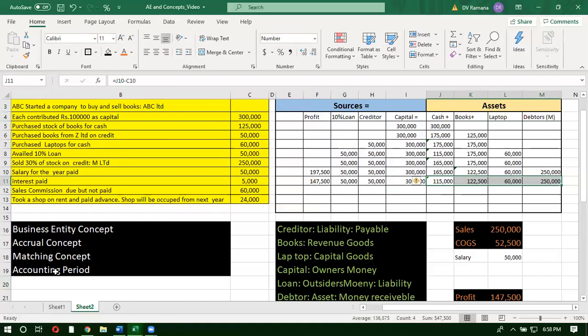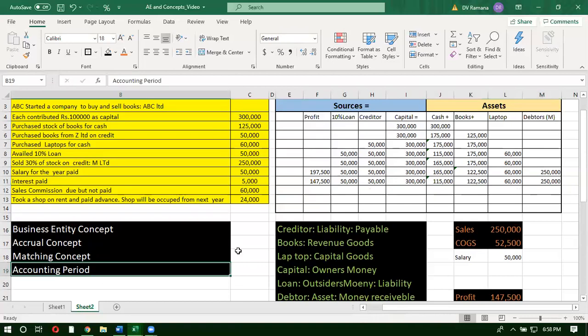So the accounting period here in this example is 1 year. Sometimes you can do it for a quarter, for a month, or even daily. Now, interest paid: you can ask for how long, for what period. You can see that the loan is at 10%, so obviously it is for 1 year. I'm paying interest of 10% on 50,000, that is 5,000.